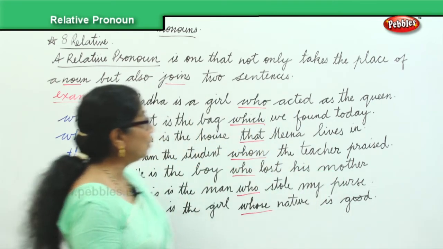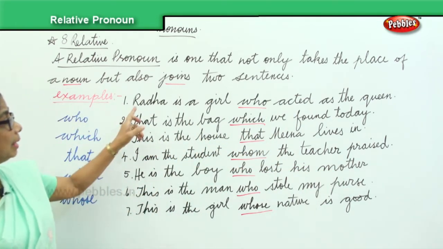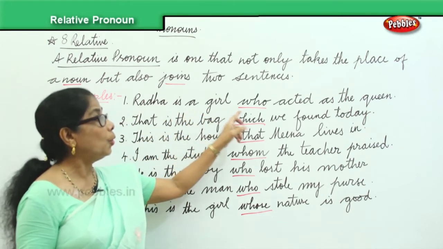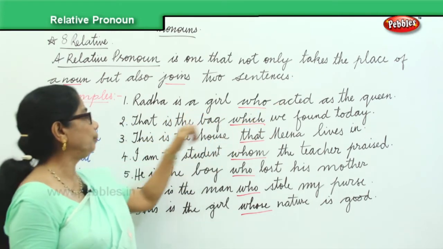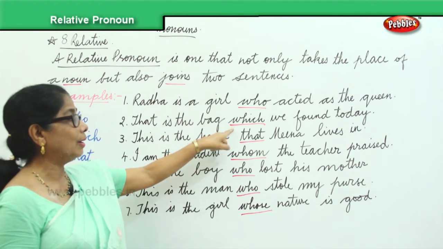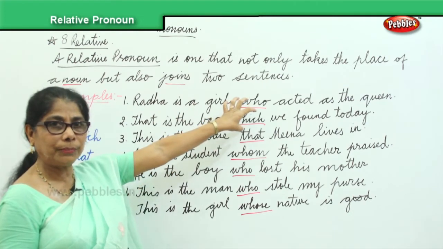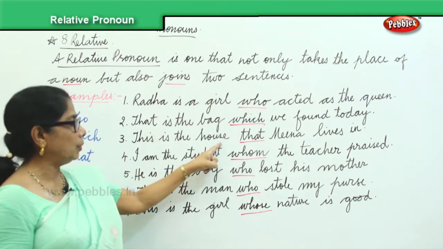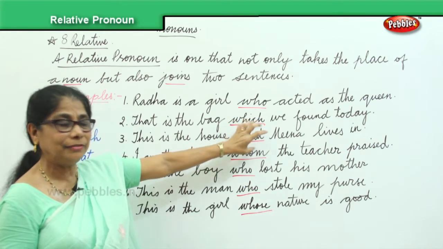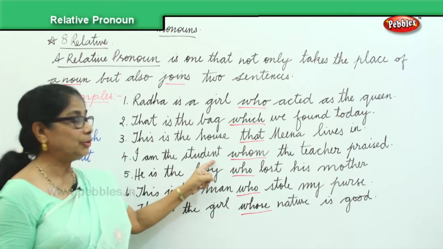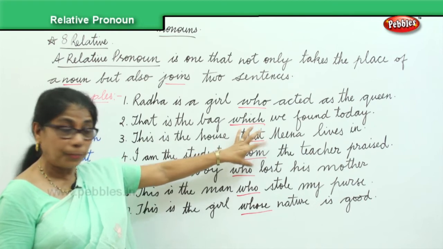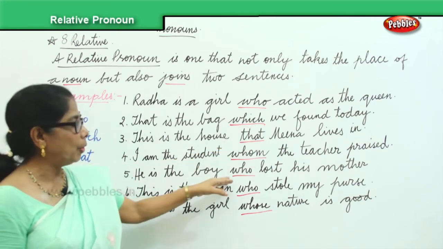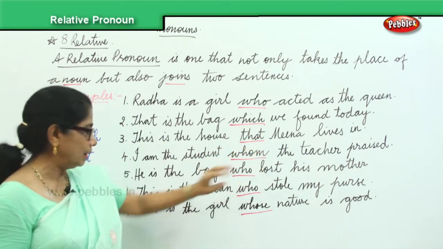Now, look at the relative pronoun once again. The example: Radha is a girl who acted as the queen. That is the bag which was found today. This is the house that Meena lives in. I am the student whom the teacher praised. He is the boy who lost his mother.